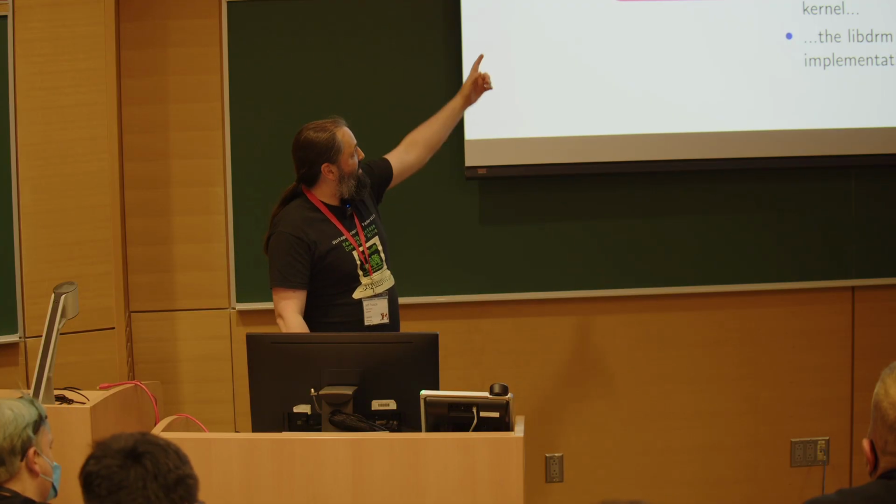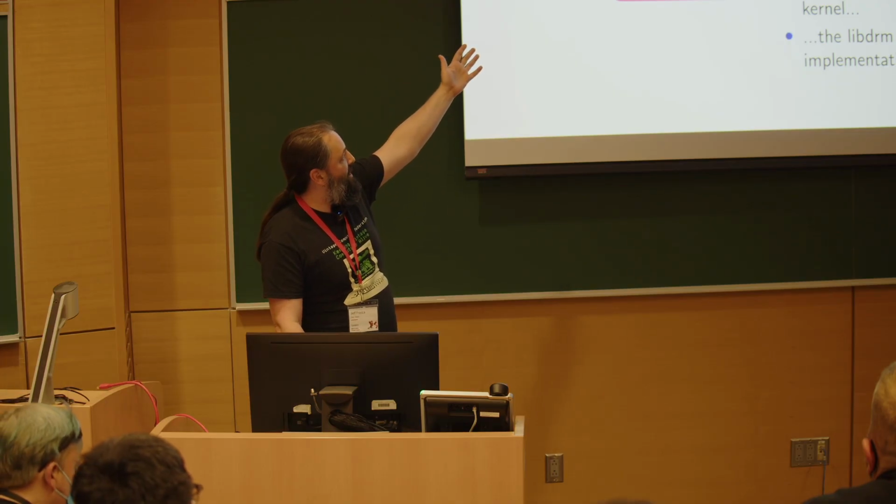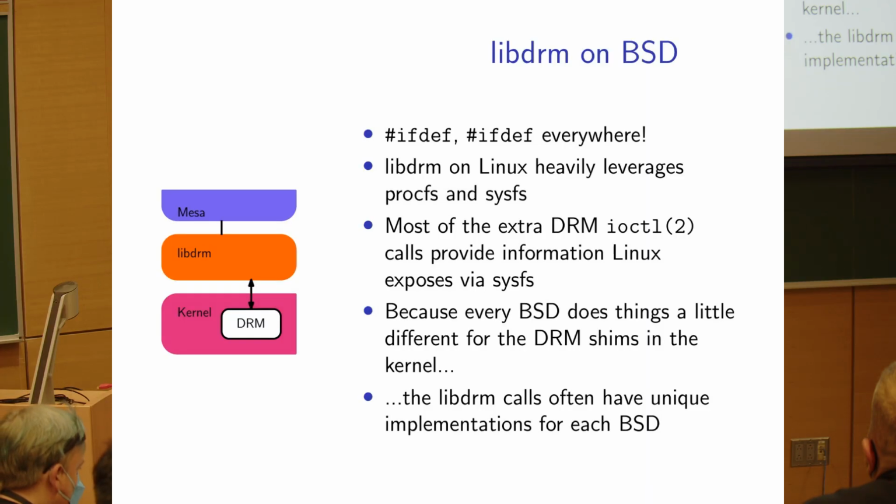Because Linux heavily uses procfs and sysfs, we run different, and we do a lot of that through extra ioctls. One example of that is DRM parse PCI bus info.